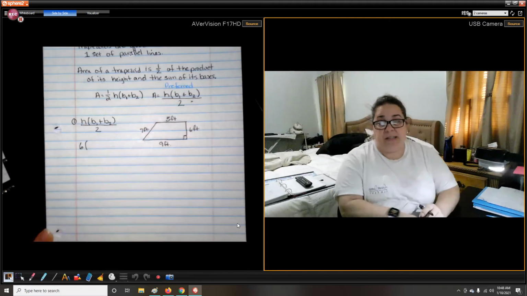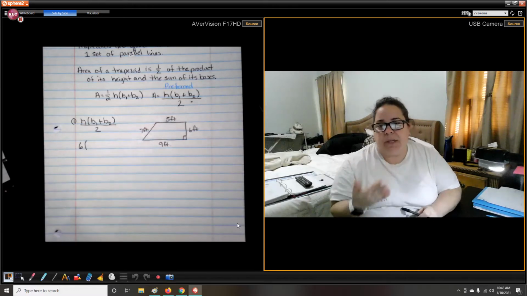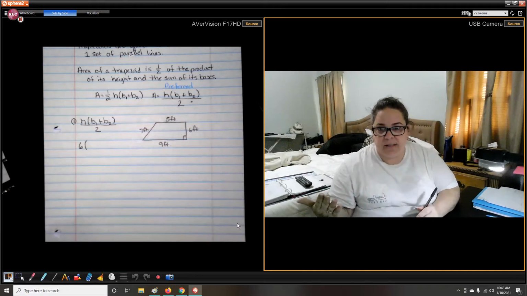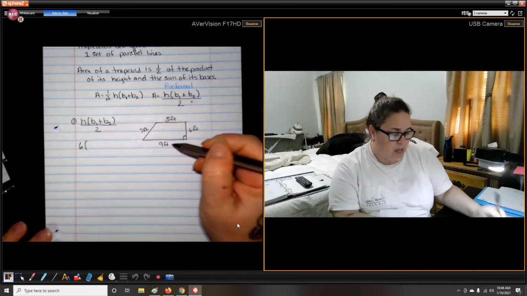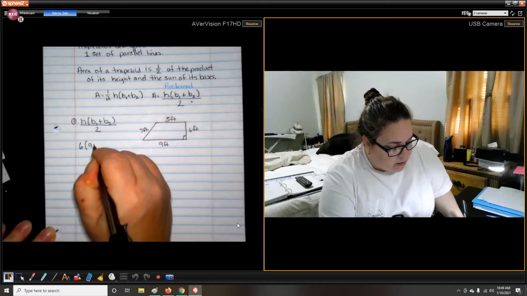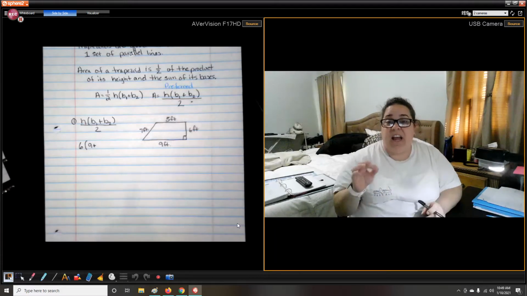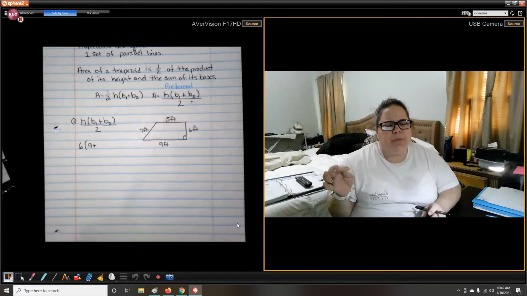Now I need base 1. Okay, well, base 1 is always going to be the bottom. Just figure the base, bottom, base 1. So that's 9 feet. And then I'm going to add to it the other base. Now, hopefully, you're catching on to what the other base is going to have to be.